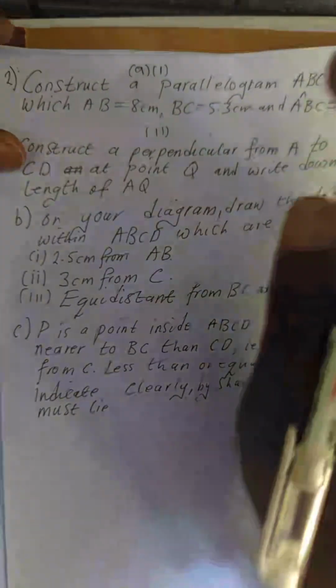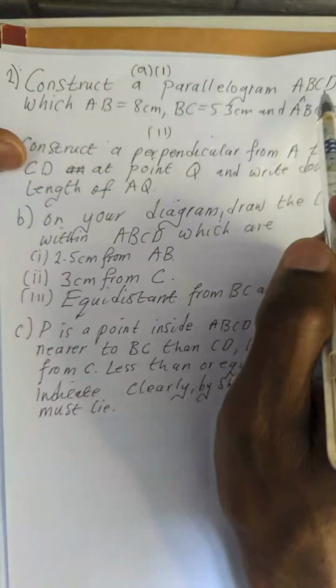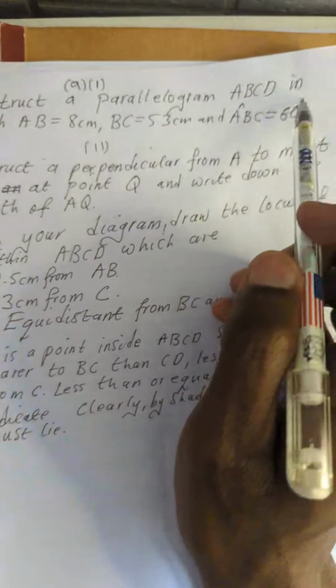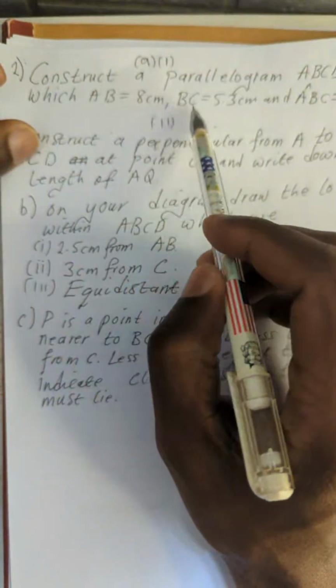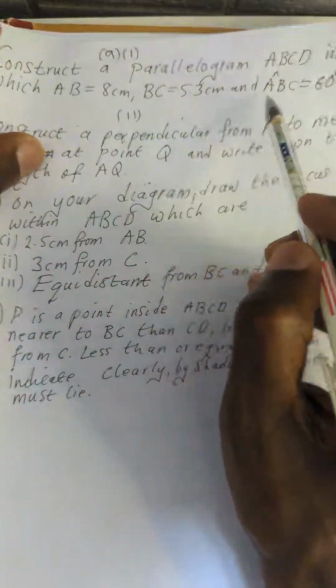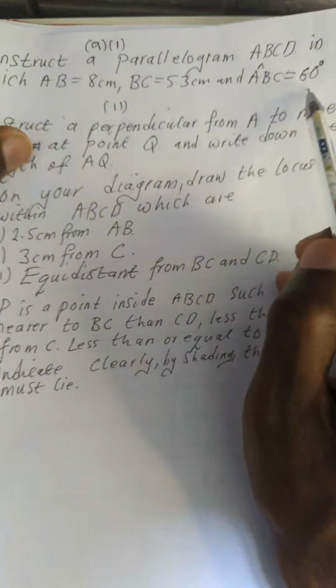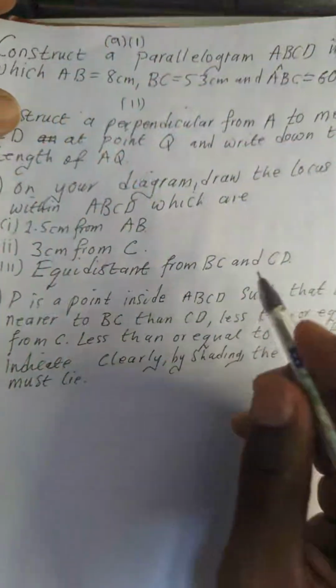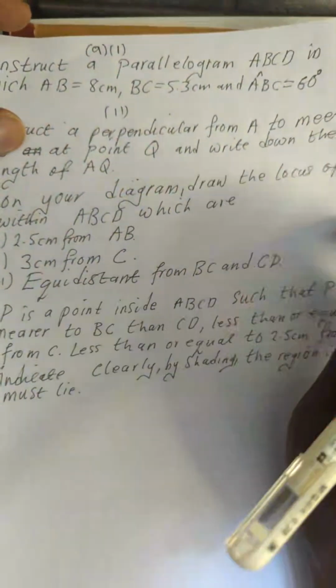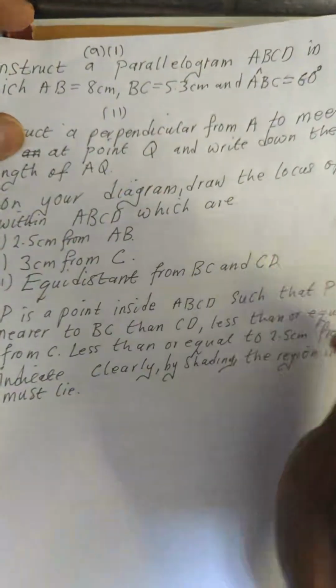So the question says A1: construct a parallelogram ABCD in which AB is 8 centimeters, BC 5.3 centimeters, and angle ABC is 60 degrees. If you're not sure, try to sketch a small one. I'll use this just for sketching, because here I want to put the answer.